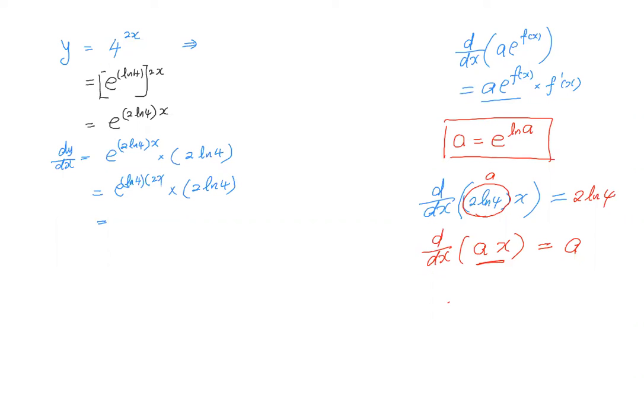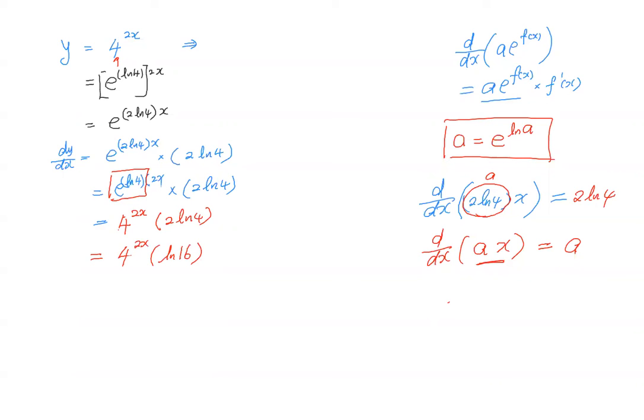Okay, so this one, if I want to write it back, this one is 4, correct? So I can just write back as 4 to the power of 2x times 2 ln 4. If I want to write it further, I can also write it like that: ln 16.